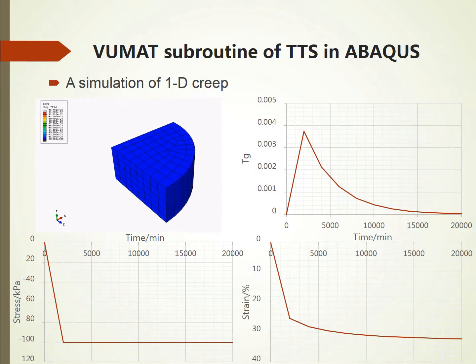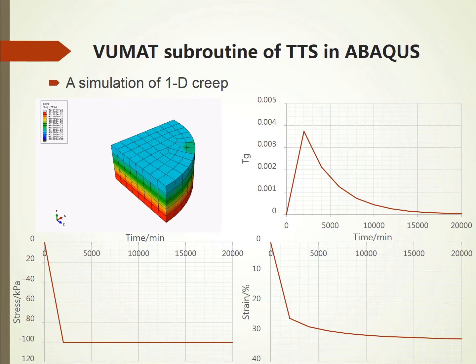I've done a simulation of 1D creep here, actually in Pisa, and you can see the curves of stress, TG, and strain with time. Let's put our eyes on the TG. You can see when I put the force on the top of the soil, the TG comes to the peak first, then it goes down slowly.